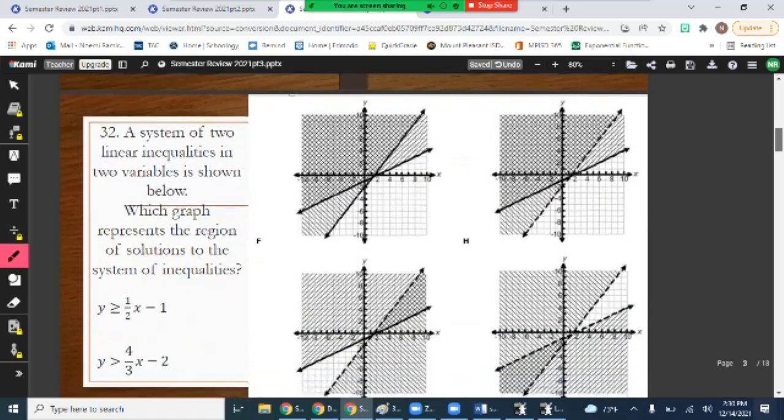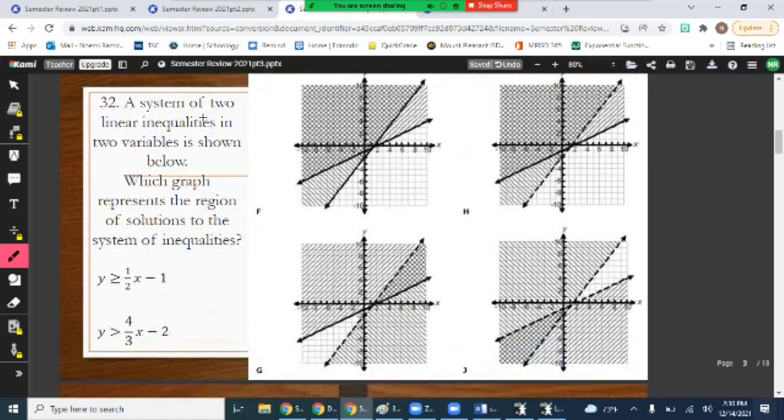All right, next one. You should have your own graph. It should be already graphed and shaded. Not surprised that not everybody did it. But the very first thing I would check is to see if it's solved for y. Or even if it's not solved, there's something else you can check. What kind of line are you going to use for the first one?